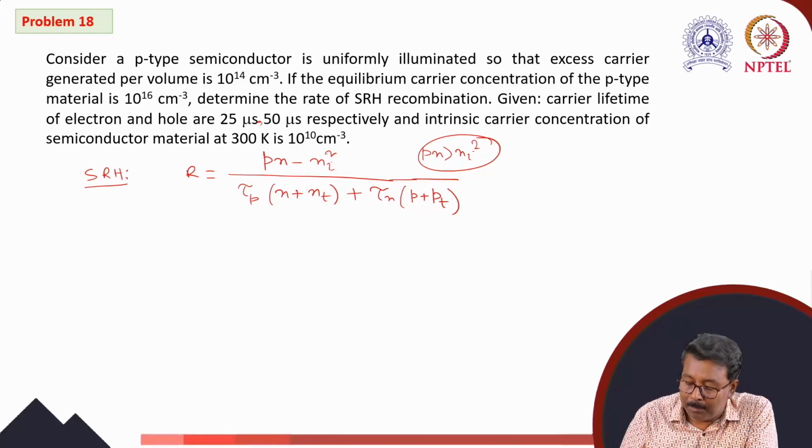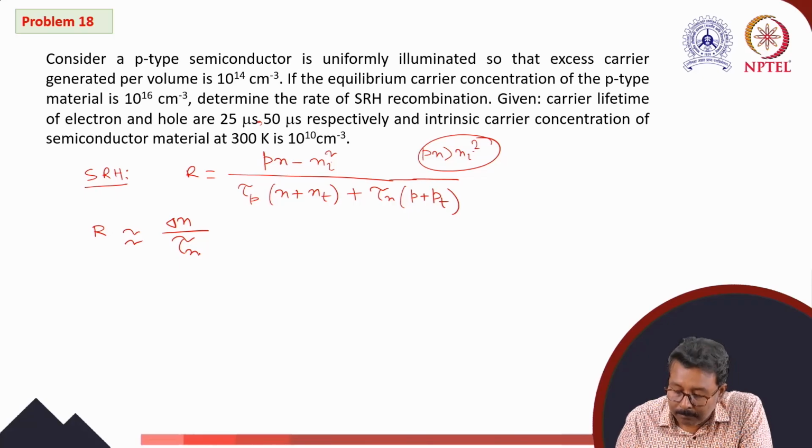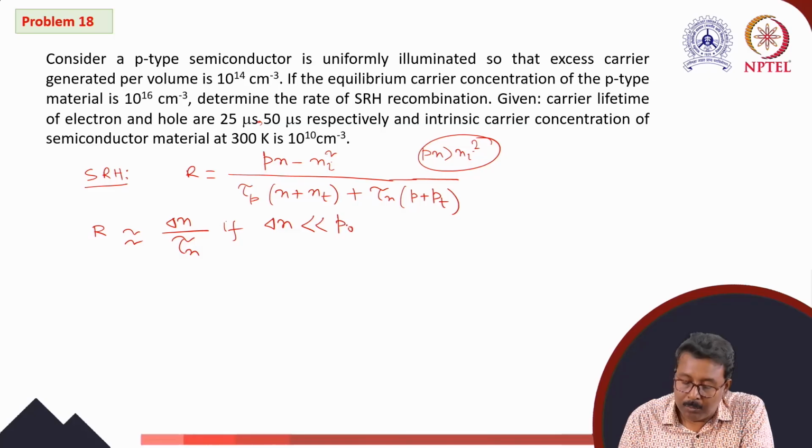For the approximate formula, we know there are two cases. In the case of a p-type semiconductor, the minority carrier is electron, so R is almost equal to delta n by tau n if delta n is much less than P0, that is low level illumination.